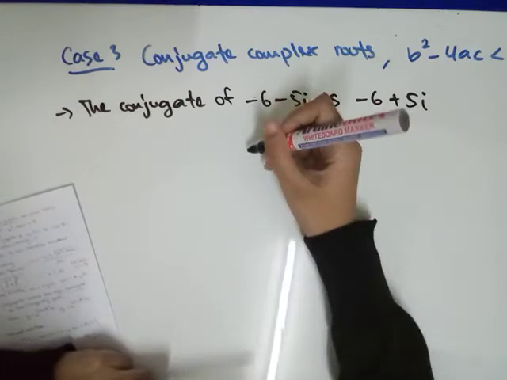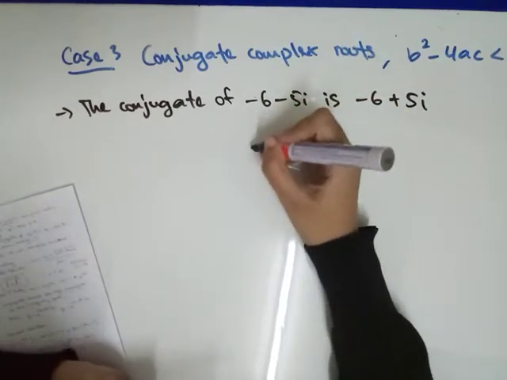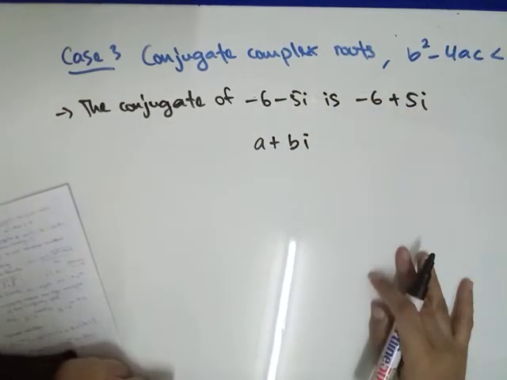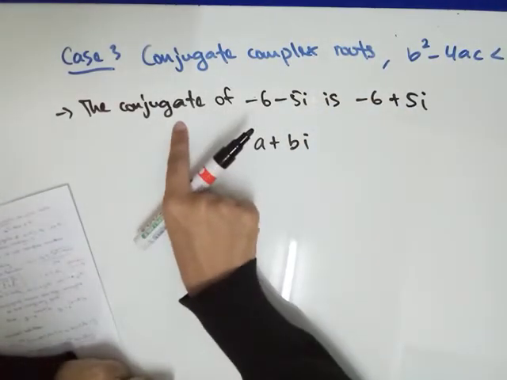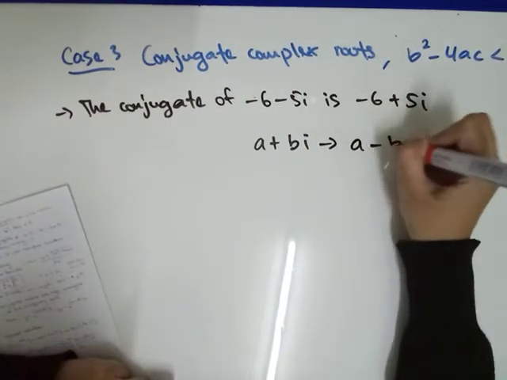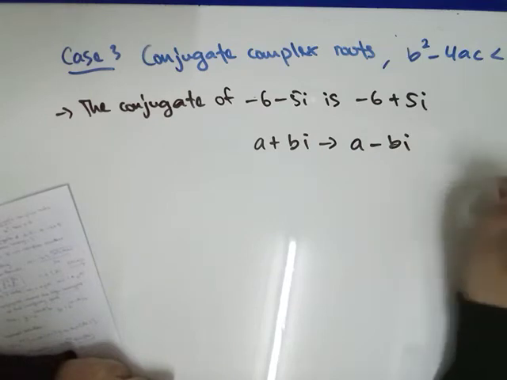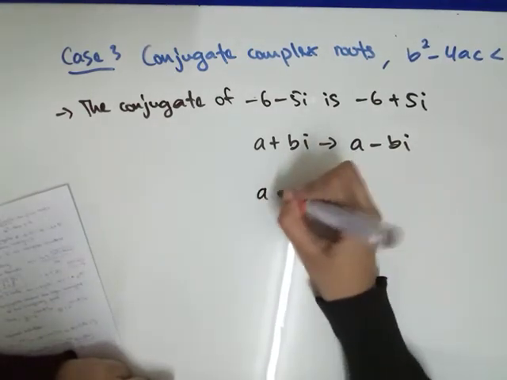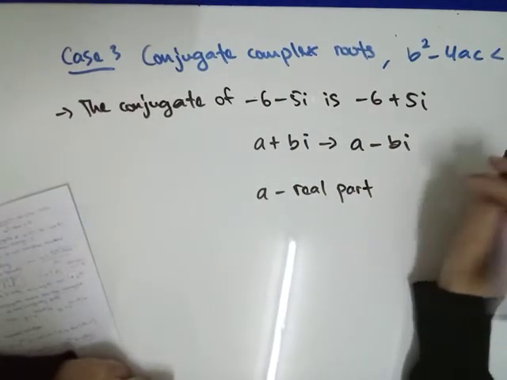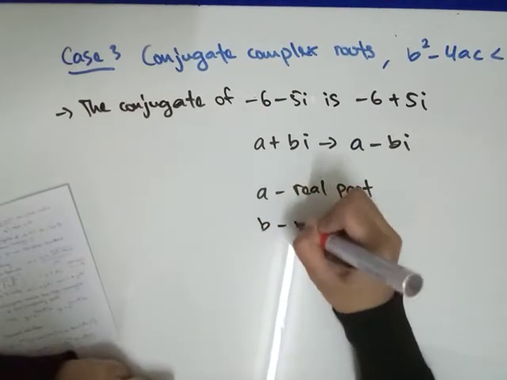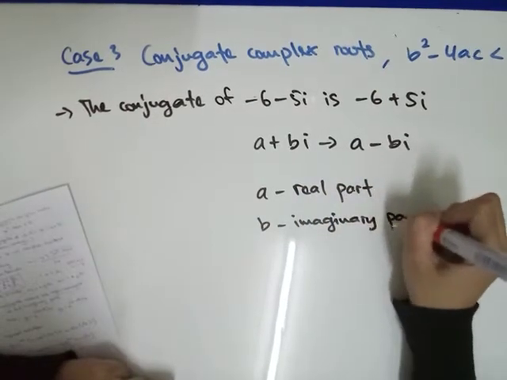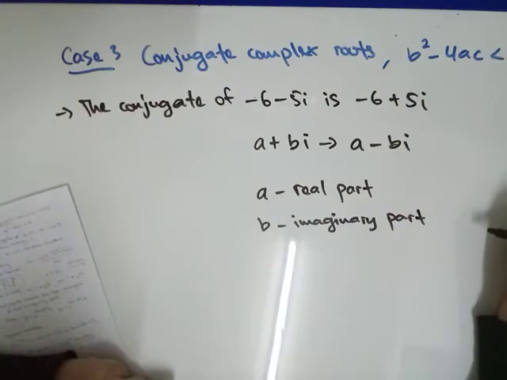Complex roots in general form are a plus bi. When we take the conjugate of a plus bi, it will become a minus bi, where a is the real part and b is the imaginary part.